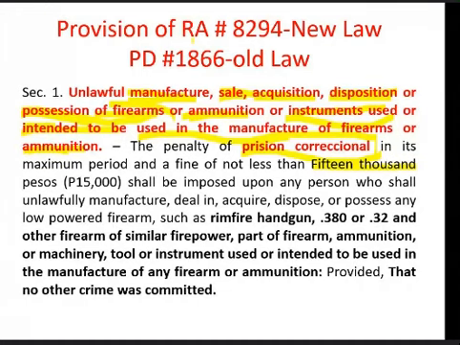So, ang penalty is prision correccional. Di ba? We have that prision correccional. And as well as maximum period of not less than 15,000. Fine shall be imposed upon person who shall unlawfully manufacture. Okay, kana siya, deal in, acquire, dispose, possess.